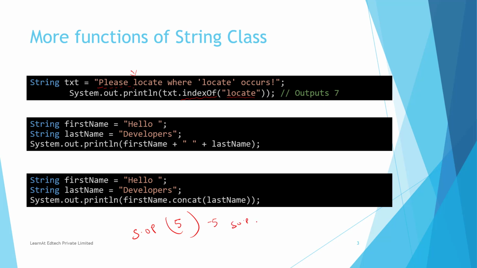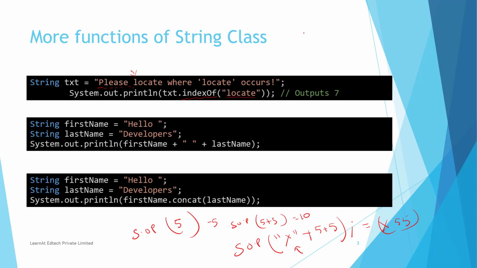If you write 5 plus 5, it will print 10. But if in SOP there is a string called X, and then you add 5 plus 5, it will give you X55. Why? If there is a single string in the SOP, it is going to convert the whole thing into a string value.